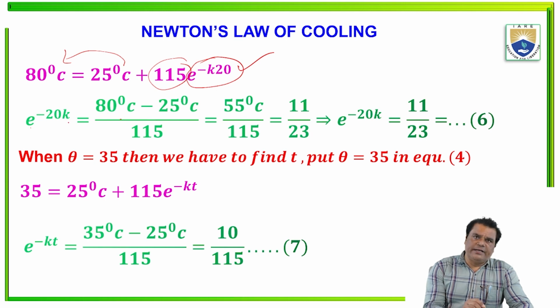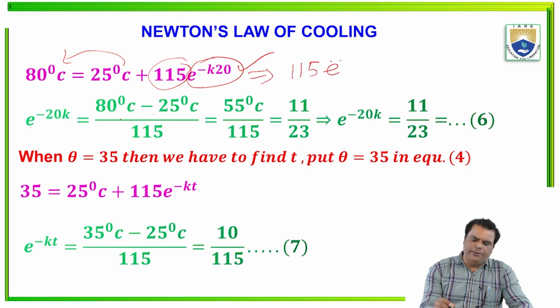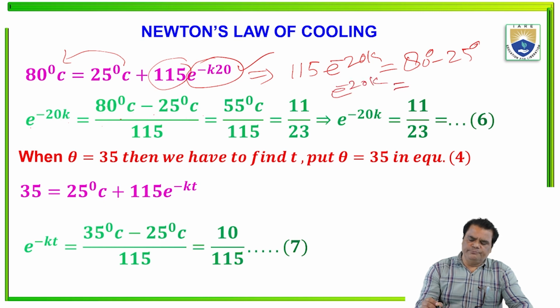Then we get e to the power minus 20k equal to 80 degrees centigrade minus 25 degrees centigrade, divided by 115. e to the power minus 20k equal to 80 degrees minus 25 degrees. Now e to the power minus 20k equal to 80 minus 25, this is 55 degrees upon 115 degrees centigrade.